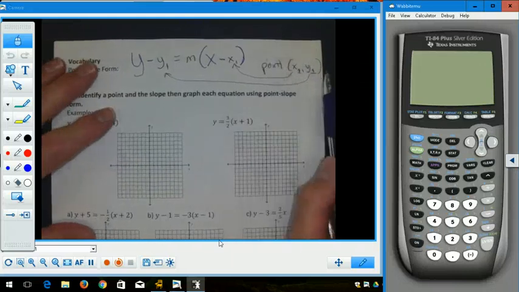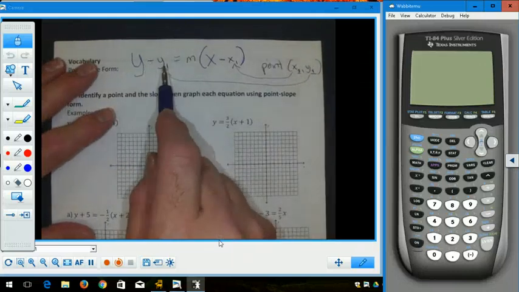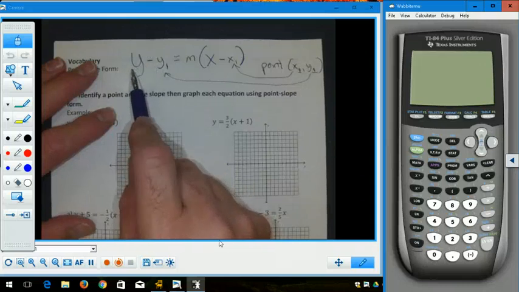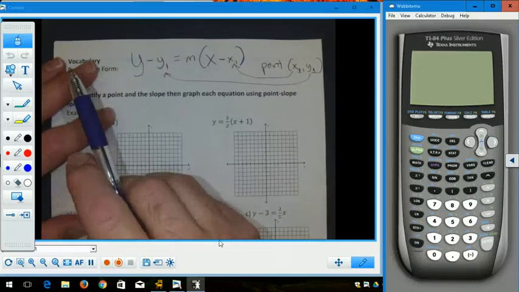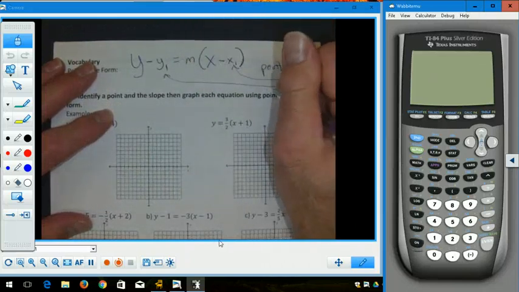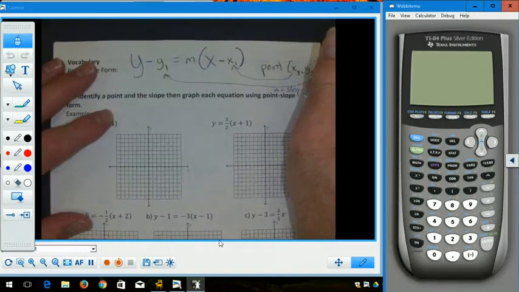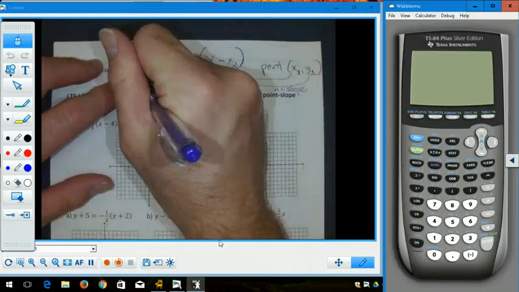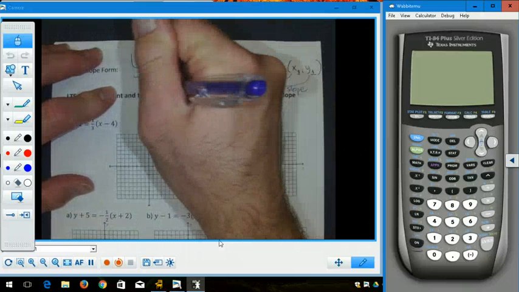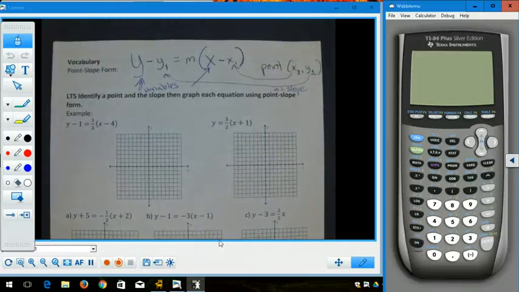So if y sub 1 is negative, then that would be minus a negative, which would make this a plus between the y variable and the number in the equation. m is the slope. This is the y variable in the equation, and this x is the x variable of our two-variable equation.